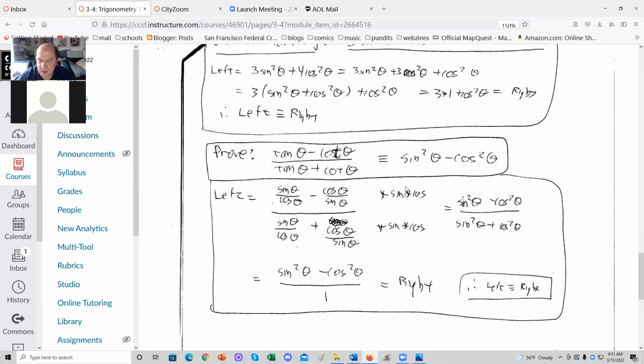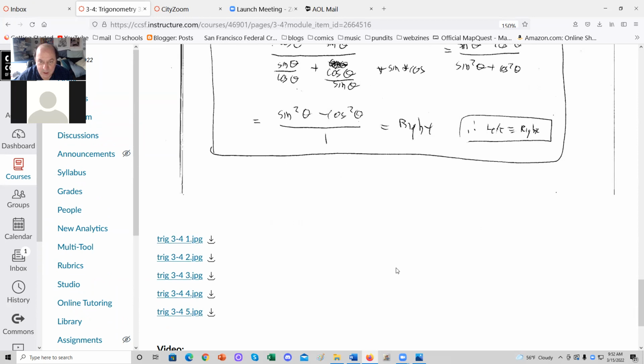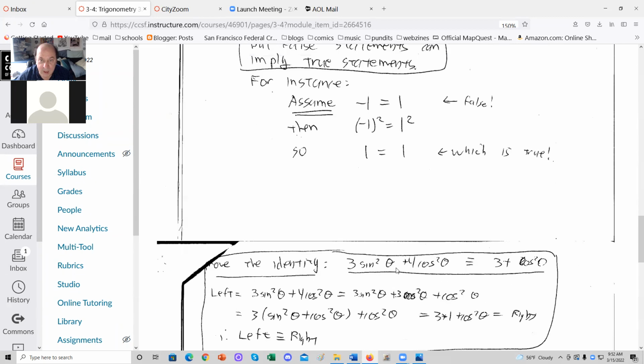Sine over cosine times sine times cosine is sine squared, minus cos over sine times sine times cosine is cos squared. In the denominator, this times this is sine squared, plus this times this is cos squared. So sine squared minus cos squared over sine squared plus cos squared. But this denominator equals 1. So you get sine squared minus cos squared, and that equals the right side. Therefore, the left side is identical to the right side. That's a proof. All right.